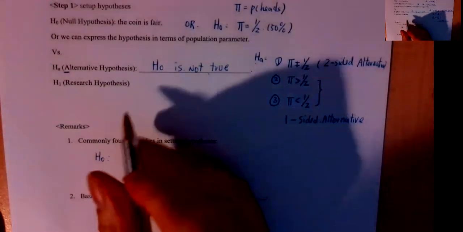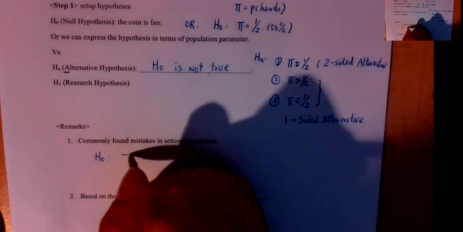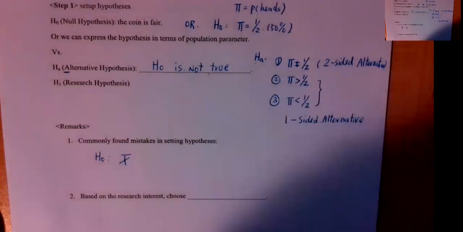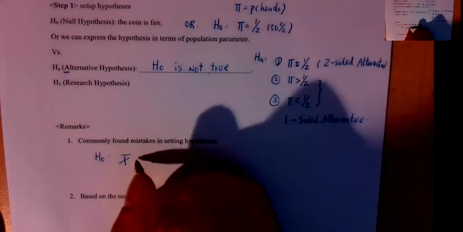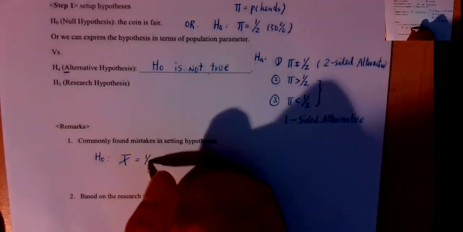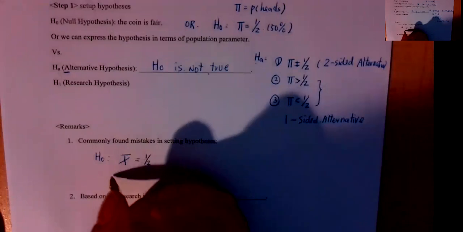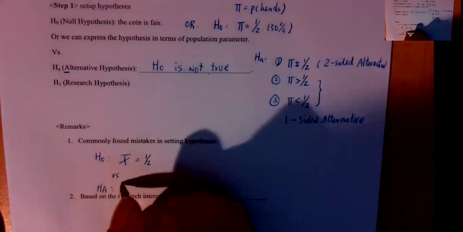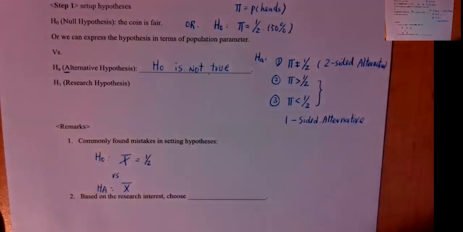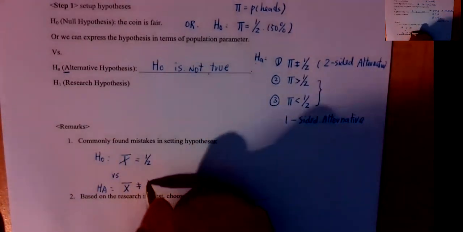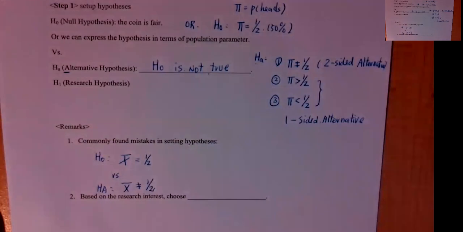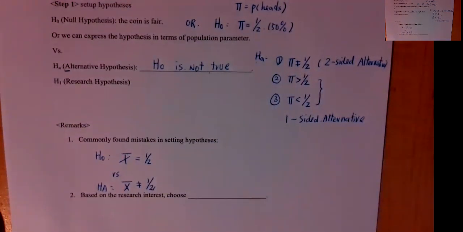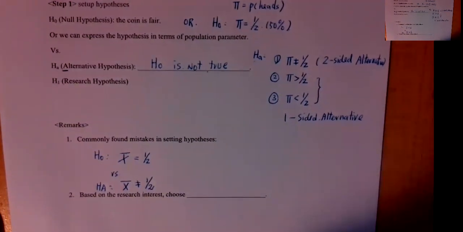They put X bar is equal to 1/2, against HA, X bar is not equal to 1/2, okay? This is wrong. Why is this wrong?